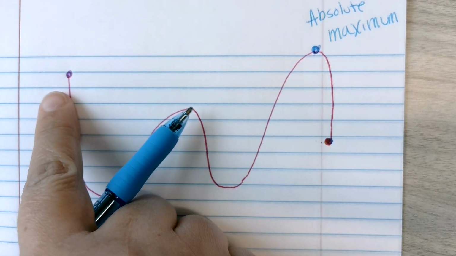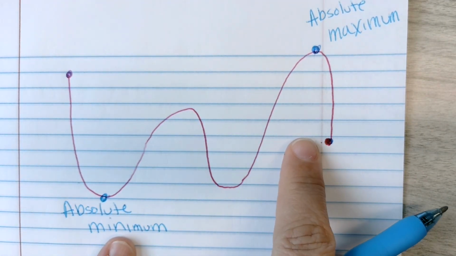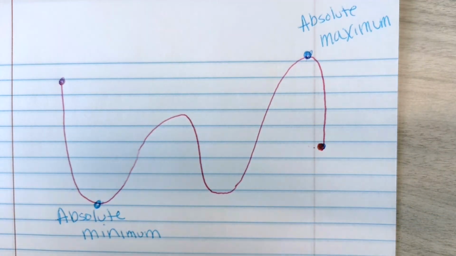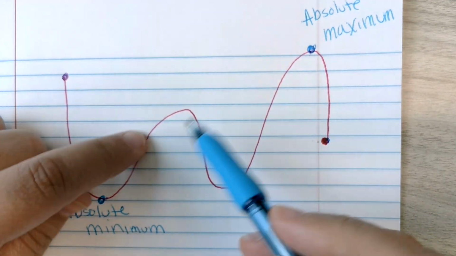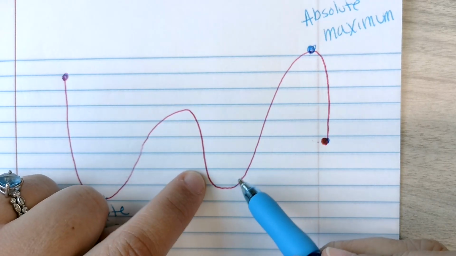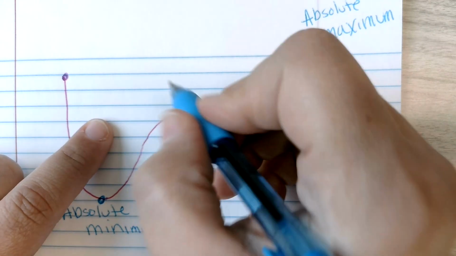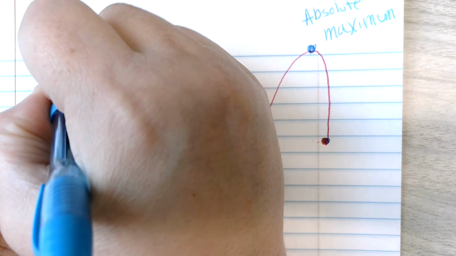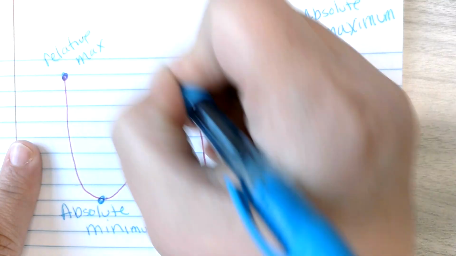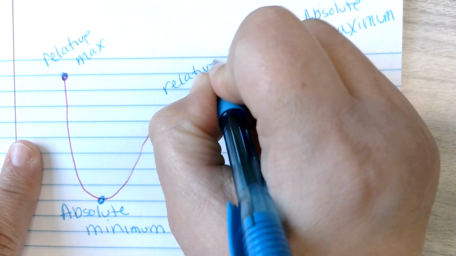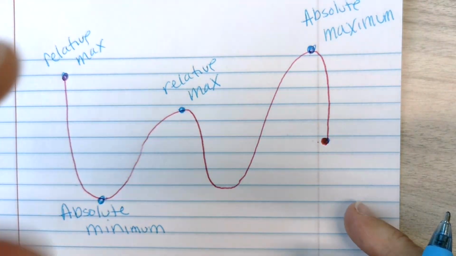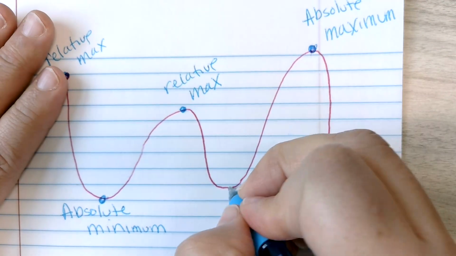Now, there are other peaks and valleys inside those points. They are relatively tall compared to the other area, or relatively low compared to its other area. That's why we call them relative maximums. They're not the highest point, but they are high around their other points.